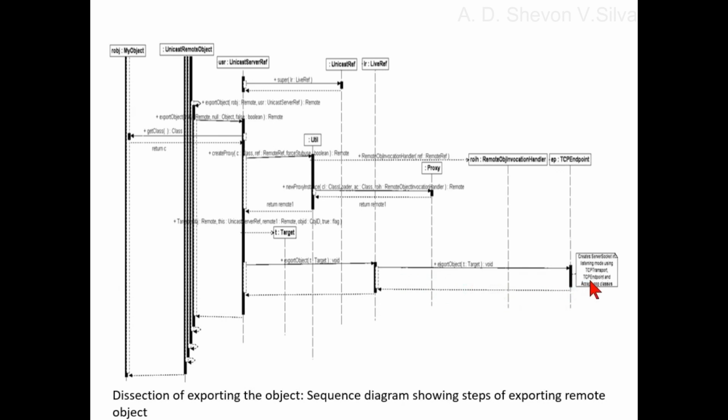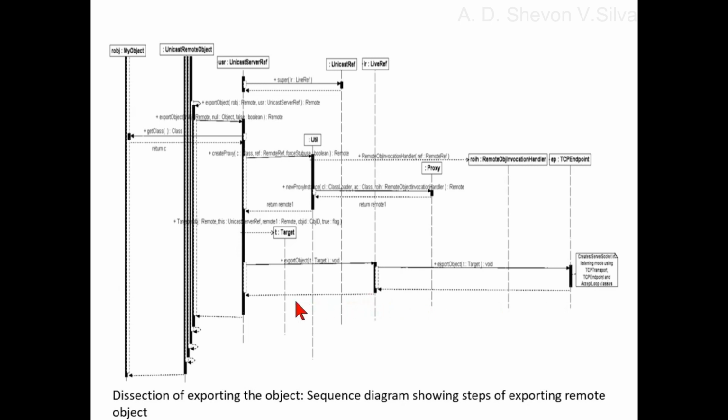And here create server socket listening mode using TCP transport, TCP endpoint, and access loop classes. And EP TCP endpoint is connected to LR live ref.